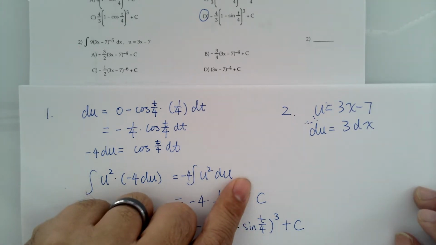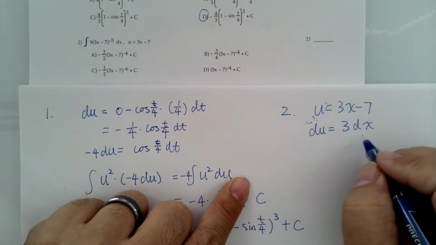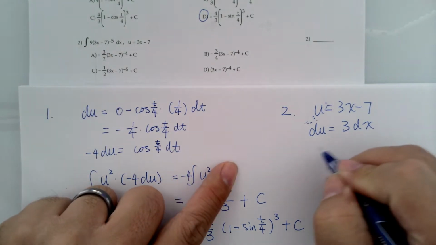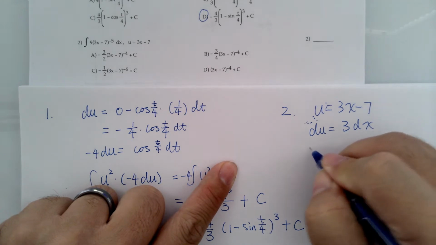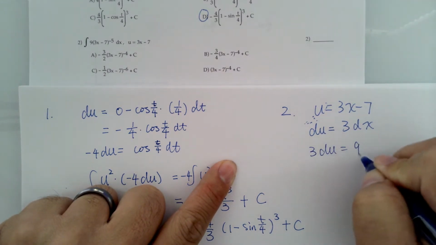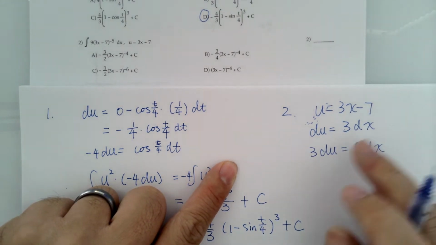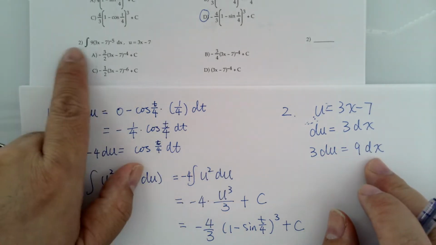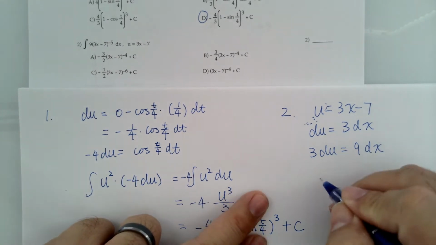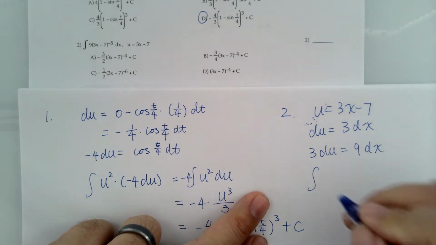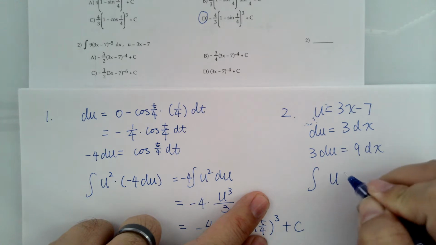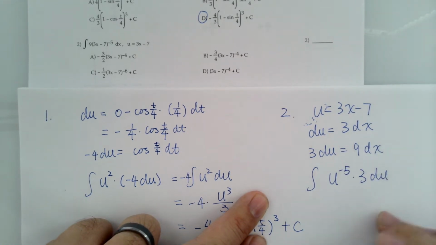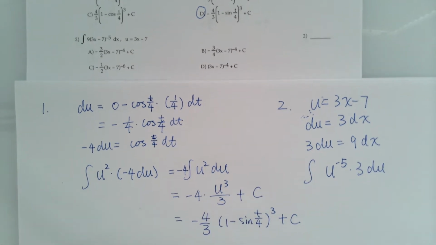Once we have that, noticing that we have 9 here, we can find the relationship that 3 du actually equals 9 dx. Basically, I just multiply by 3 on both sides so that I can come up with a 9 dx. So with that in mind, I can derive u to the power of negative 5 times 3 du. So that's how we complete the substitution.